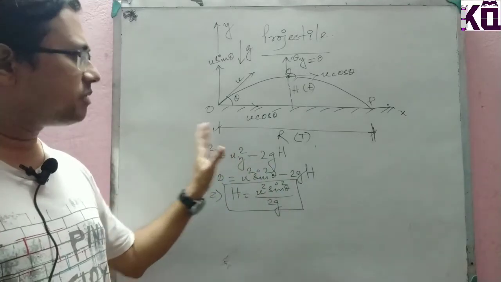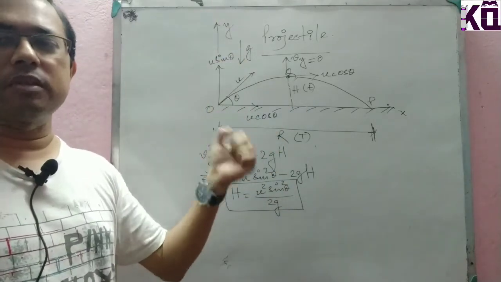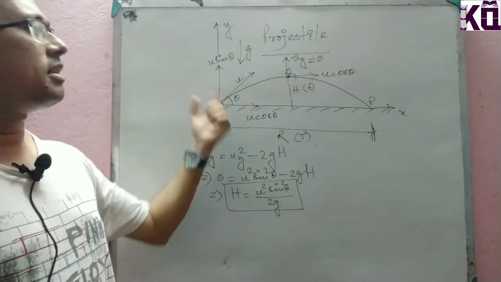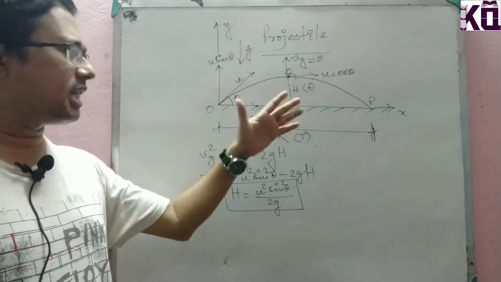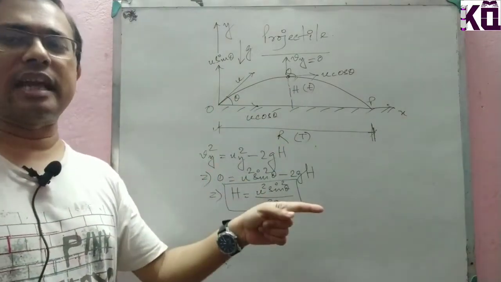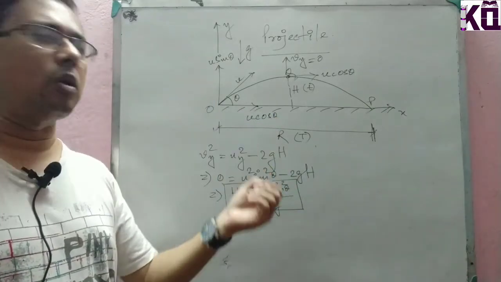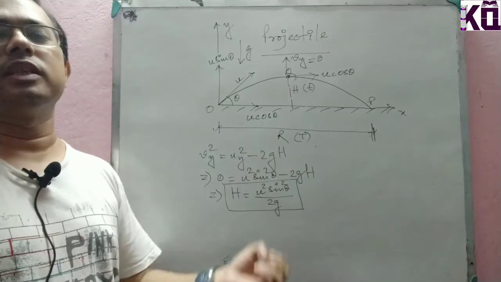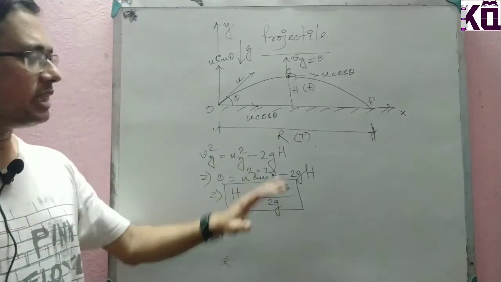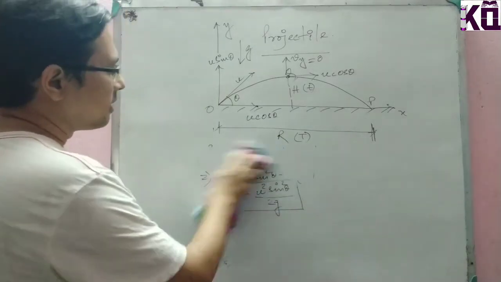So whenever we project something vertically upward, to identify the maximum height or the time taken, you just have to substitute theta as 90 degrees, and you will get all the values for an object thrown vertically upward. These calculations are very important.